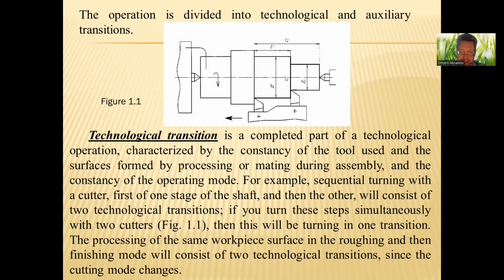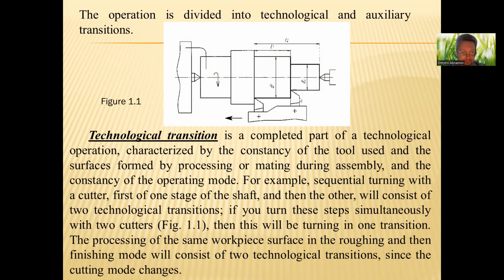For example, sequential turning with a cutter first of one stage of the shaft and then the other will consist of two technological transitions.